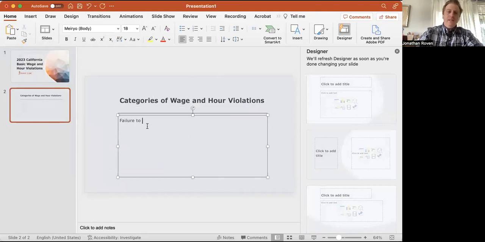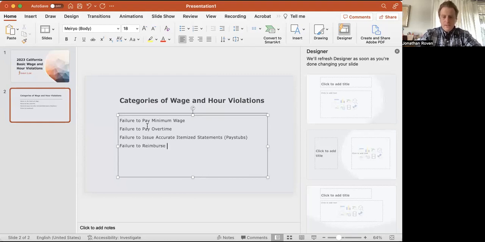We have failure to pay minimum wage, failure to pay overtime, failure to issue accurate itemized statements, this is pay stubs, failure to reimburse business expenses, unfair business practices.